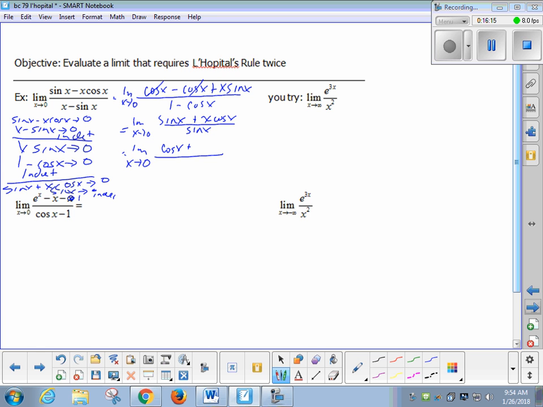Cosine of x plus cosine of x minus x sine of x over cosine of x. Okay, so at 0, what does this approach? 1 plus 1 minus 0 over 1, or 2.